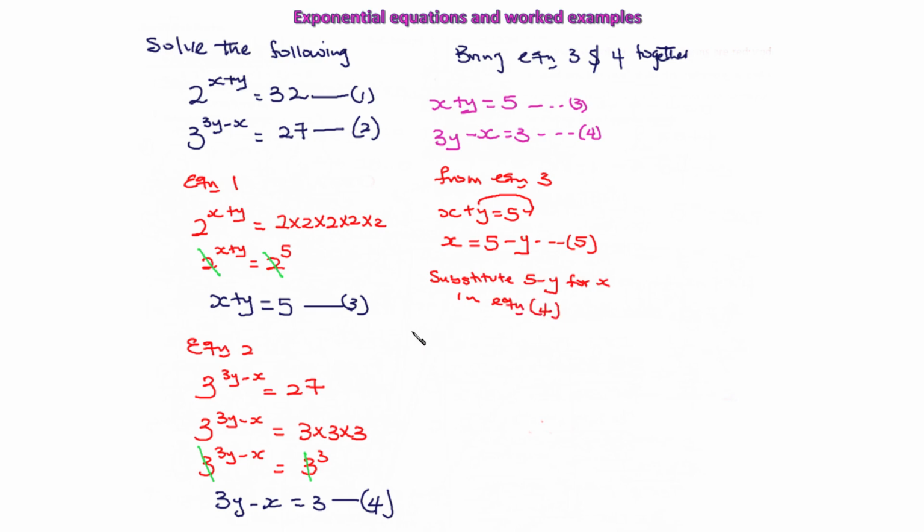Now, let's go back to equation 4: 3y minus x. We are changing the x to be 5 minus y. Then you have 3y minus the bracket 5 minus y is equal to what? 3.